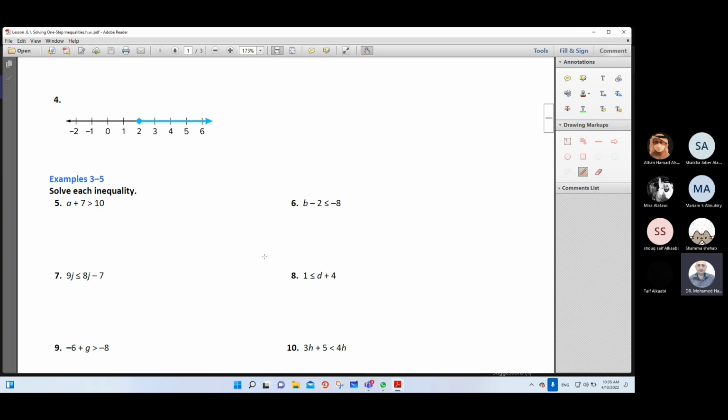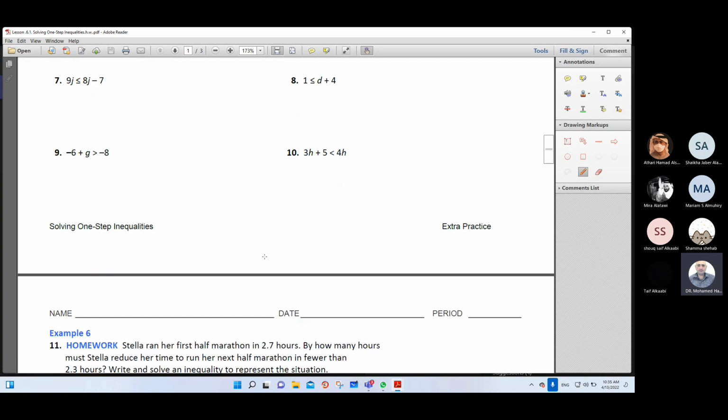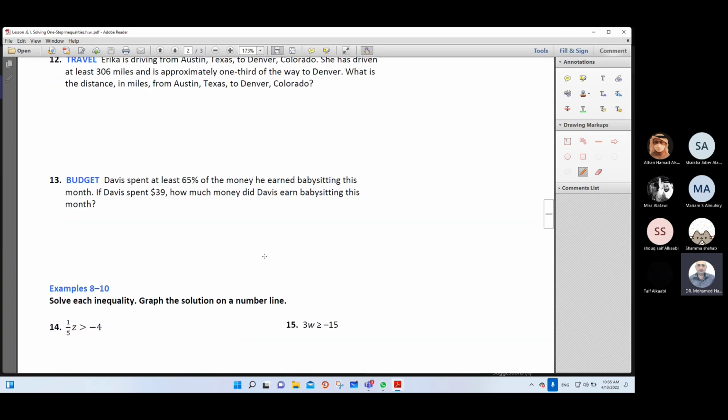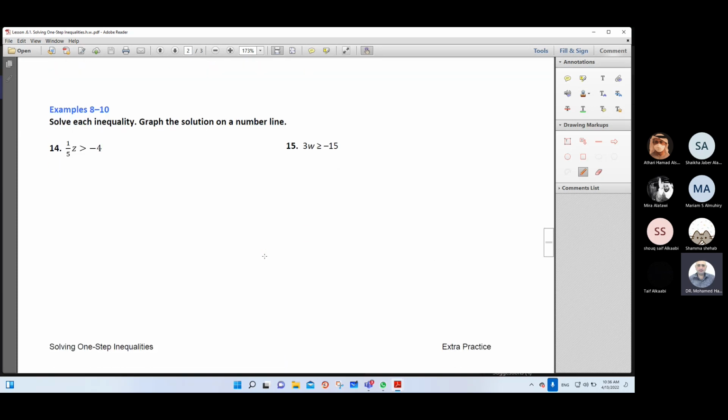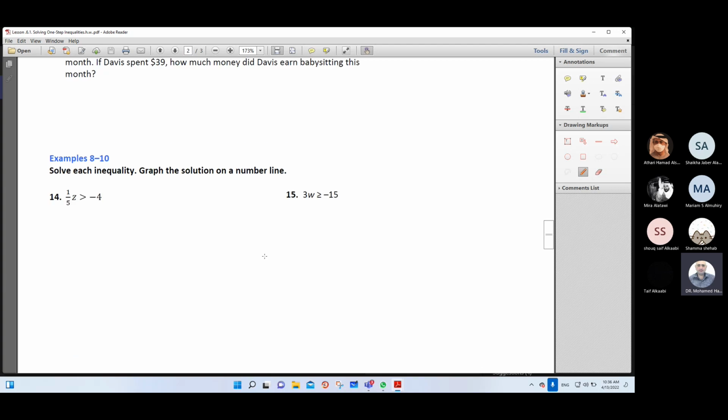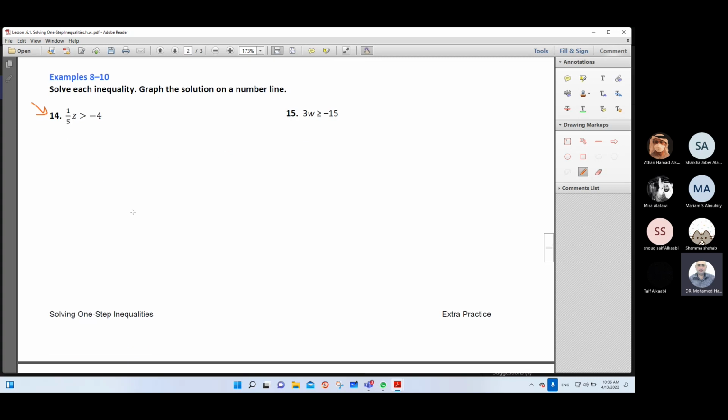Number 6, number 7, number 8, number 9, and number 10, and number 11. And I think we stopped here in number 14. So we'll start from this exercise.